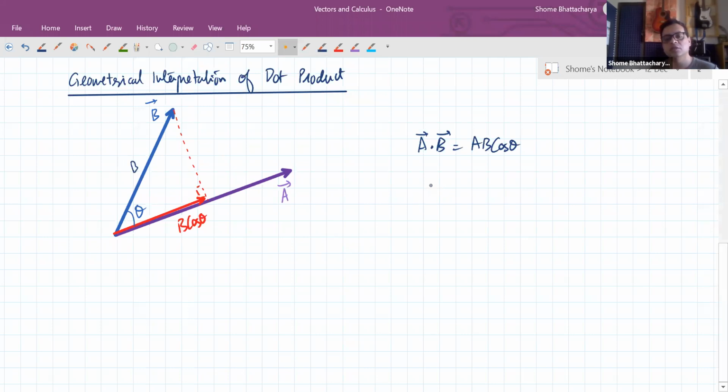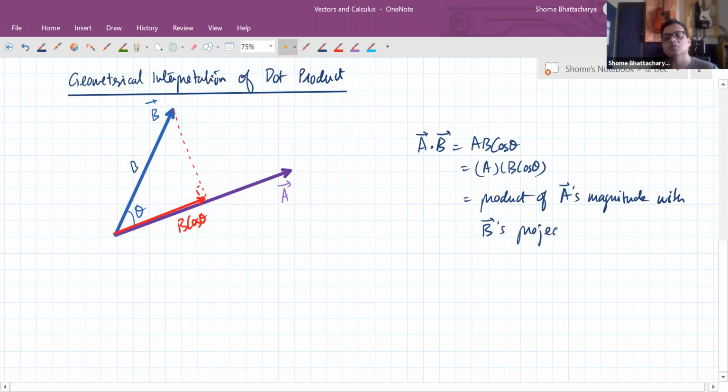So you can see that A dot B is the product of A's magnitude, that is the magnitude of the vector A, with vector B's projection on A.